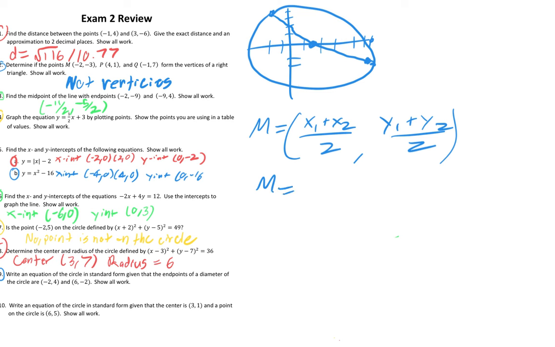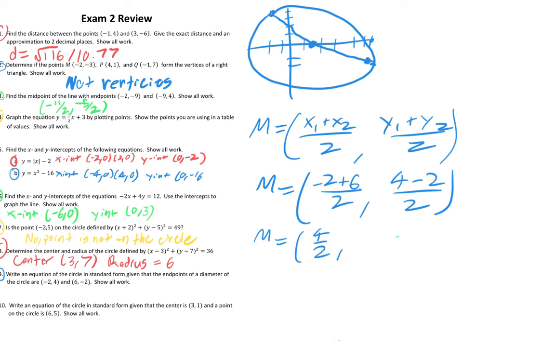So our midpoint is going to be (-2 + 6) over 2, and then (4 - 2) over 2. That leaves us with 4 over 2, and then 2 over 2, which leaves us with (2, 1). So right here we can see that (2, 1) is our center point.